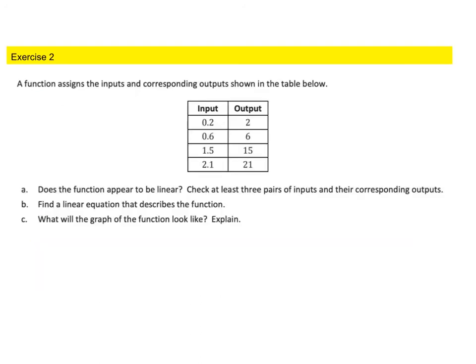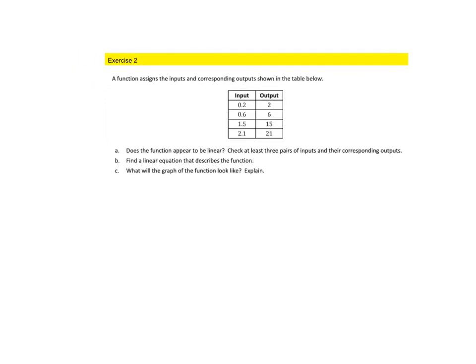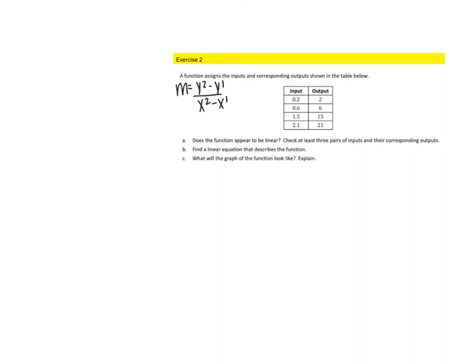Alright, for exercise 2, I want you to do the same thing as before. I want you to find your m by doing y2 minus y1 over x2 minus x1. Once you have your m value, I want you to plug that as well as two numbers from your table into the equation y equals mx plus b to solve for your b. Okay?